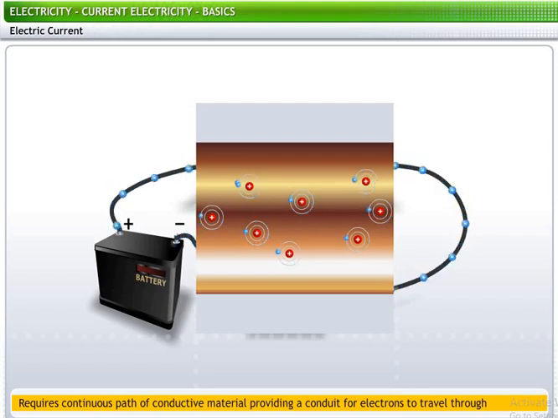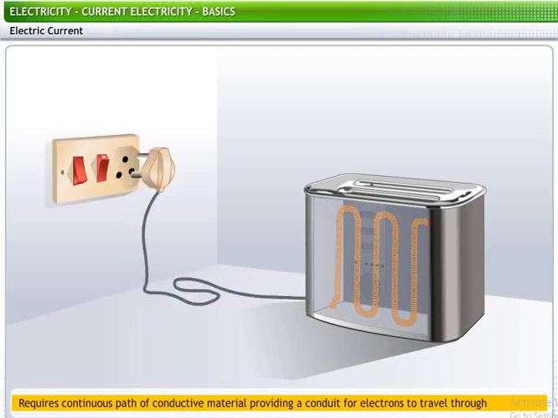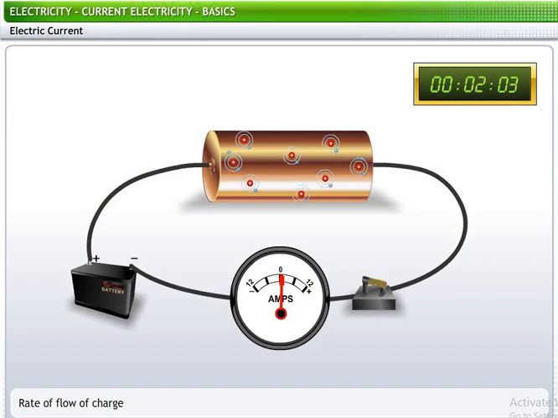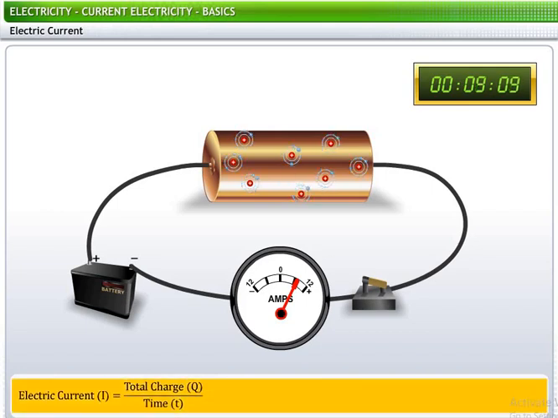Thus, all the electrons move together as a group. When you unplug an appliance, say a toaster, from the power supply, the flow of electrons is interrupted and the appliance stops working. You can measure electric current as the rate of flow of charge, or the amount of charge flowing through a point per unit time.